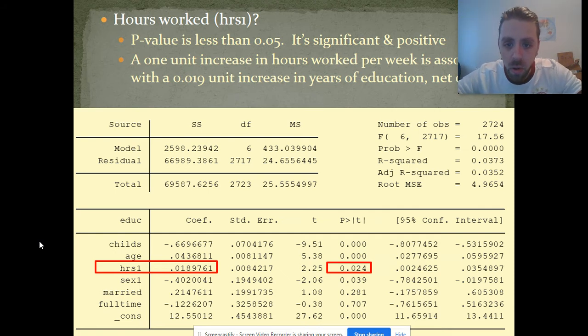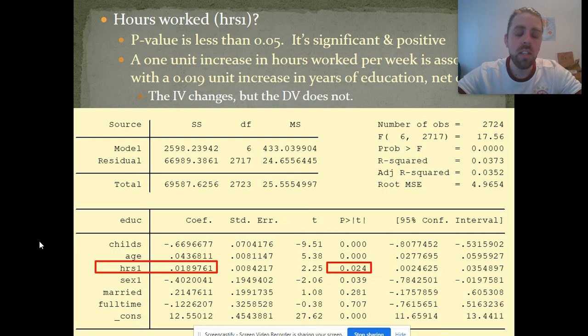Okay, so all three of my independent variables measured at the interval level are significant. Two are positive, one is negative. All are referring to changes in years of education. So that's my key thing here. I need everyone to understand the independent variable changes, but the dependent variable does not ever change.